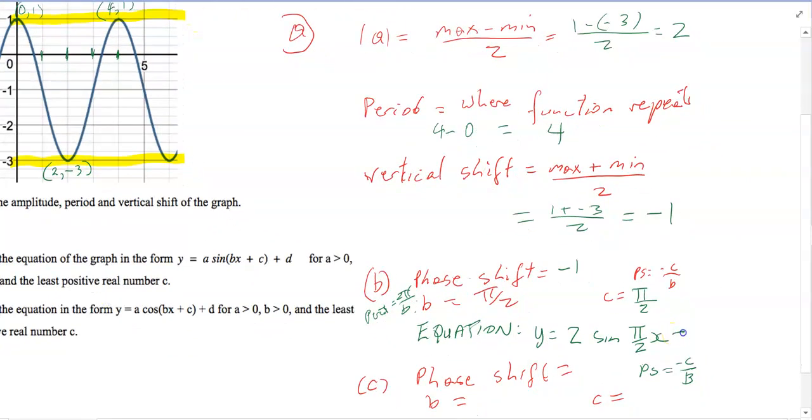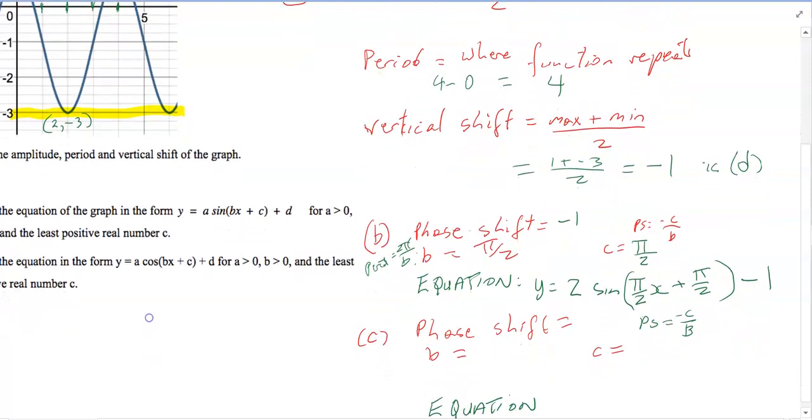Plus c, and c was pi over 2 as well. And then plus d, and d was our vertical shift. So vertical shift is d in this equation, so that's minus 1.